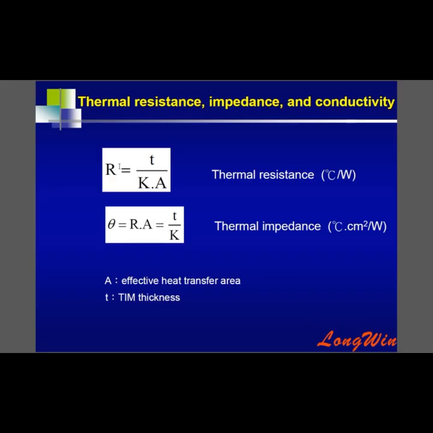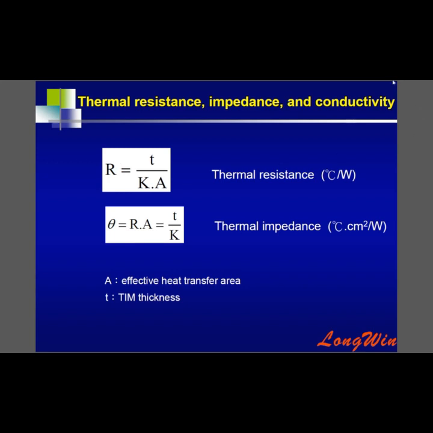So if you want to compare the thermal performance of a material, an area unit must be included. So the thermal impedance equals the thermal resistance per unit area.